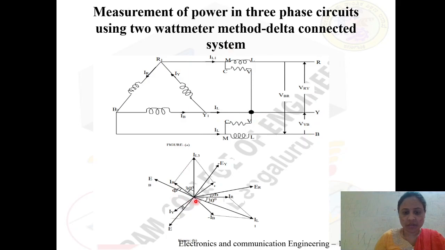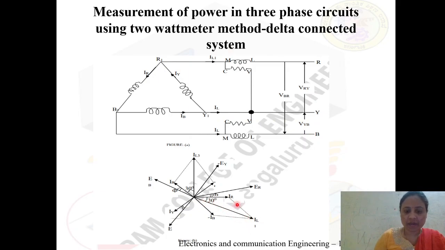Here also we can draw the phasor diagrams. First we will draw the phasor diagram for the phase currents, that is IR, IY and IB, having 120-degree phase shift. Then we can draw the line current, which is the resultant of the 2 corresponding phase currents.